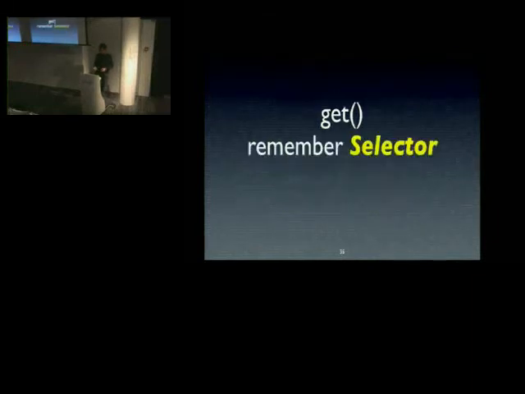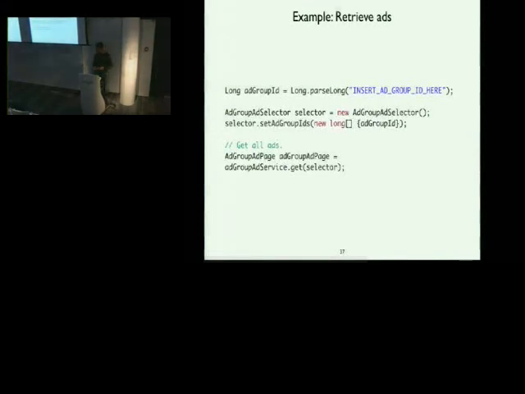Now let's look at get. When you look at get, you essentially need to remember selector. You can use get calls by creating a selector object, and here is an example of how to do that in order to retrieve ads. In this example, I'm creating an ad group ad selector, and we'll talk about ad group ads later.